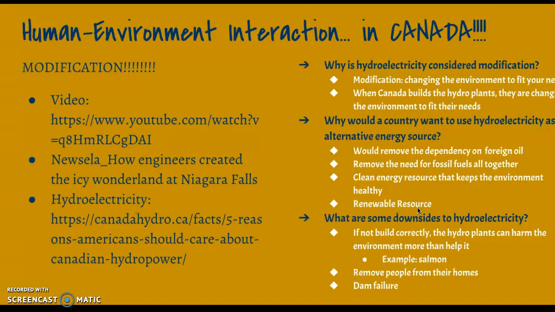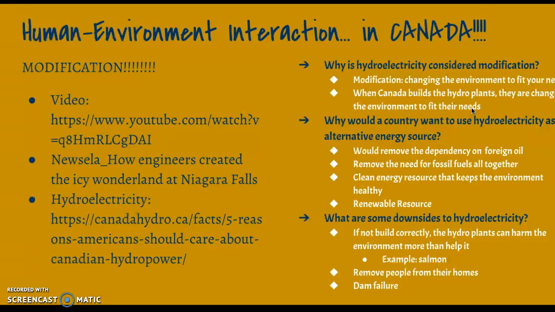But then some of the downsides to that, the hydro plants can harm the environment in the area. So as you are building, as you're modifying the environment, you're destroying habitats. You are making people move out of their areas because they are really large and they need lots of space. It can disturb the fish migration up and down the streams that they've built the hydroelectric plants in.